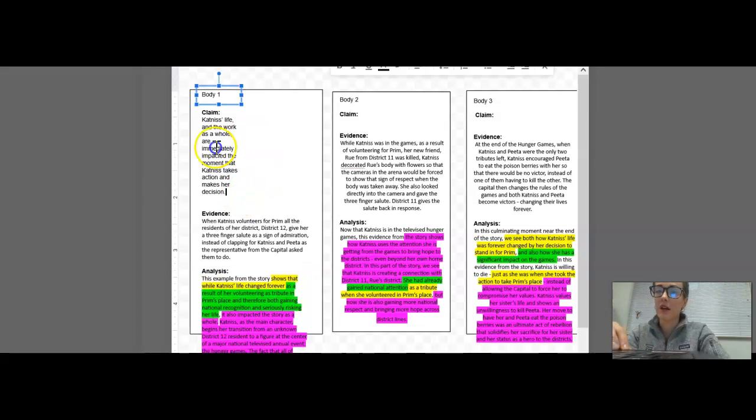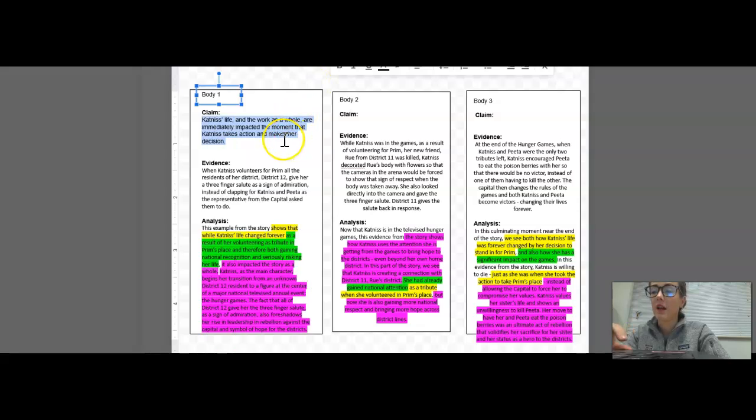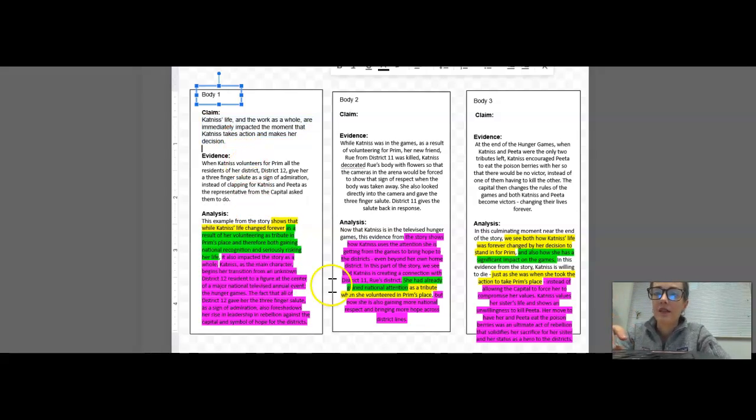So here I'm talking about the fact that it's starting right away, and I can give evidence to that. Okay? And that connects to my thesis because it talks about how it impacts her life and the work as a whole. And so then I have my evidence and my analysis.